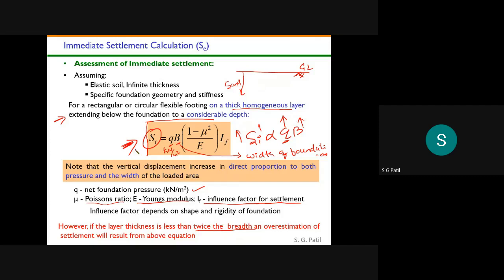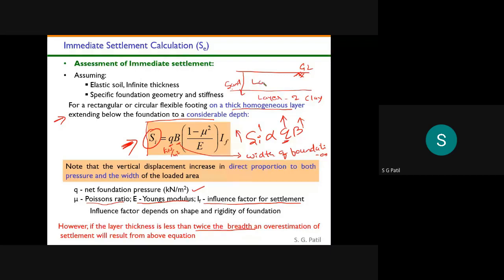Understood? In nature, it is not possible that you will find only one type of soil. You will have different layers of soil. Suppose layer 1 is a sand, then layer 2 may be some clay type of soil.